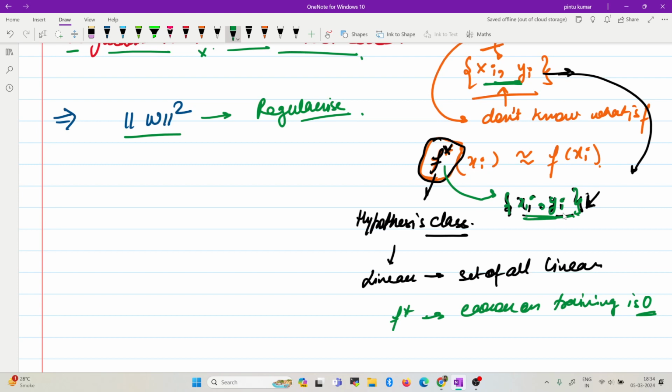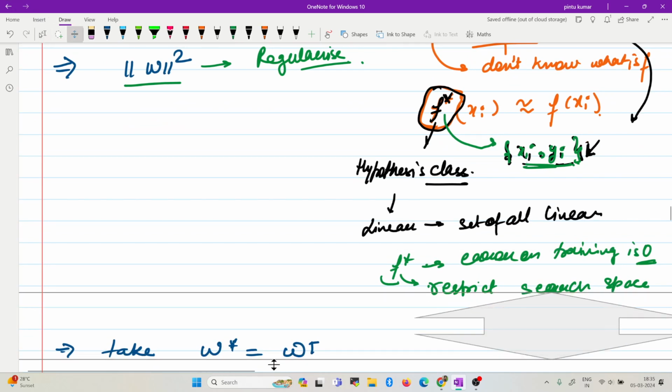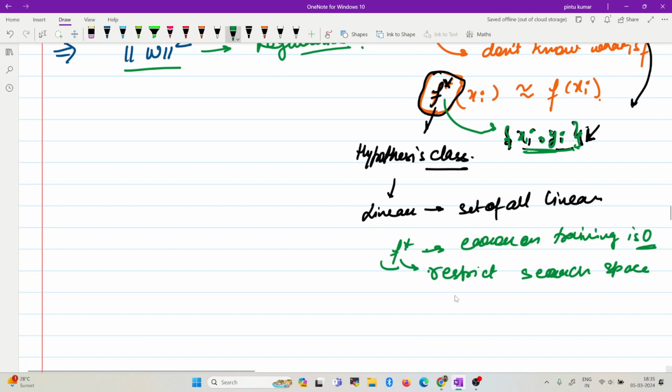So what we do is restrict the search space of f star so that it does not exactly fit this noisy data set. This is what we want.